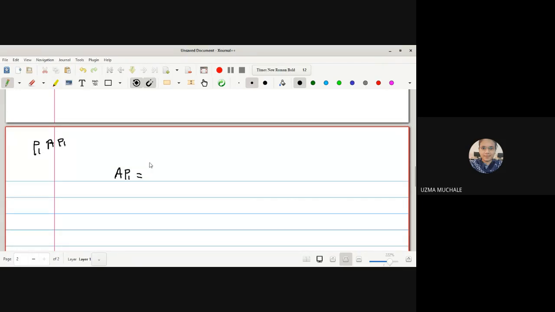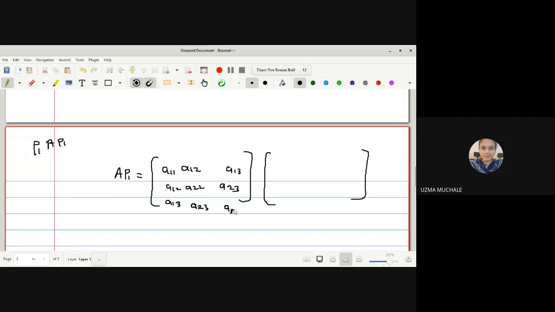We write the matrix A here, and here we write the matrix P1, and then we have to multiply them. Let me write down the matrix A. It is A11, A12, A13; A12, A22, A23; A13, A23, A33.